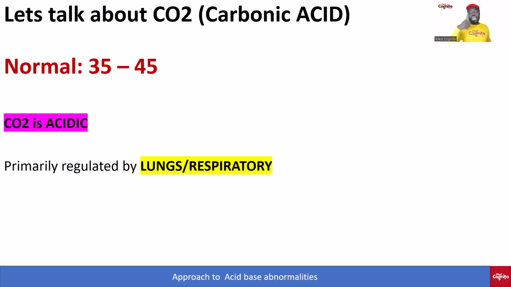So if you have a patient CO2 of 60, is the patient acidotic or alkalotic? Just don't say respiratory or anything. Forget about that. If the CO2 is 60, the higher the CO2, the patient is acidotic. So if the CO2 is 60, will you say the patient is acidotic or alkalotic? Please, just tell me.